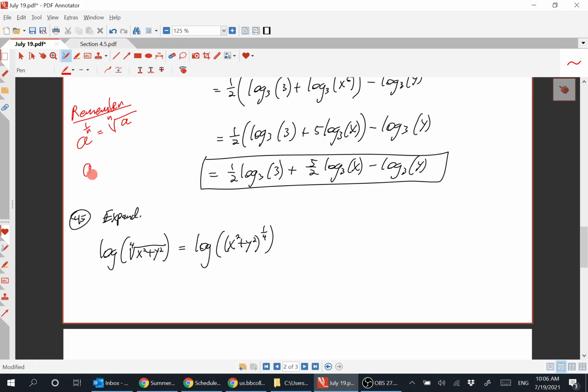And then if you have any other rational exponent, a to the m over n, that's equal to the nth root of a to the m, which is the same as the nth root of a, that whole thing, to the m.